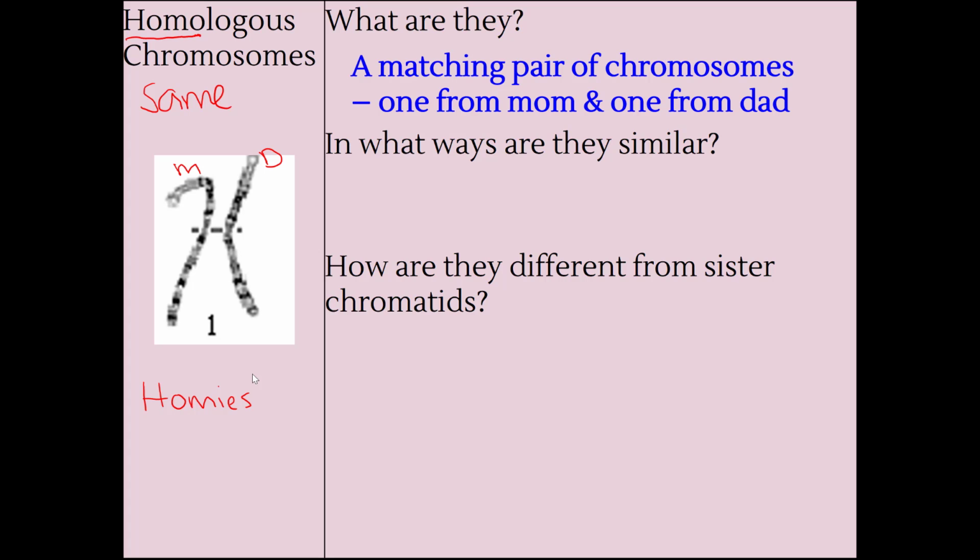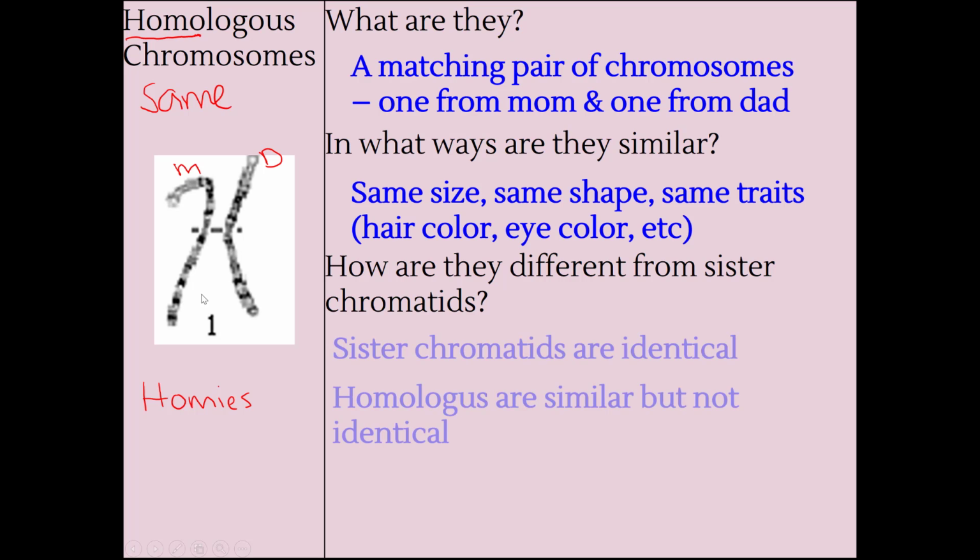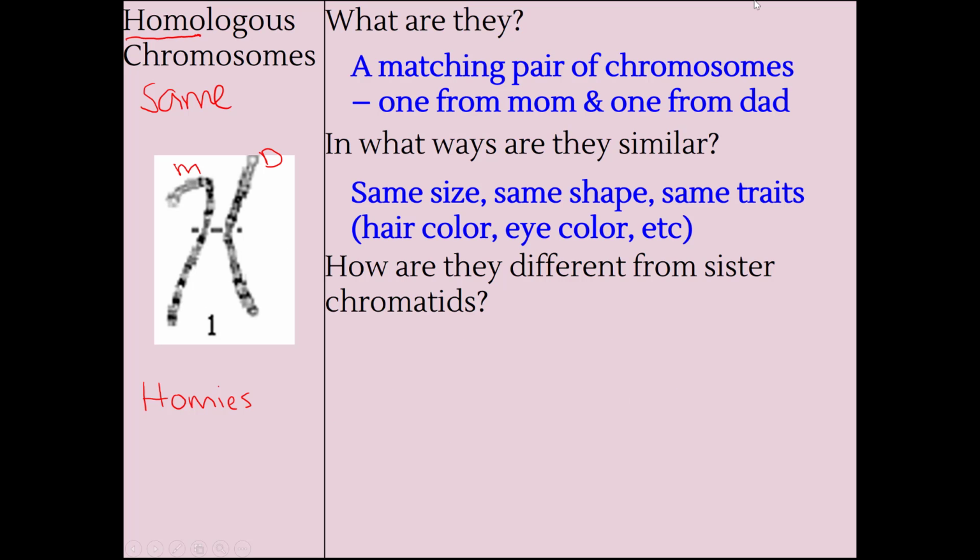Now, with homologous chromosomes, the words same and similar, we need to make sure that we're paying attention to what that means. Homologous chromosomes are the same size, they are the same shape, and they have the same traits. This means that they are coding for the same traits.